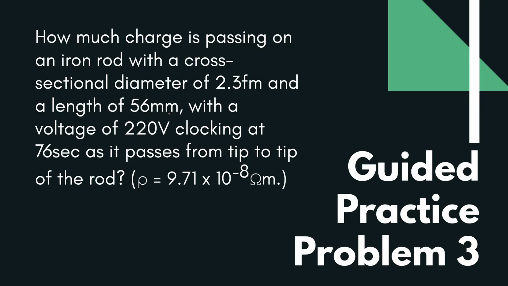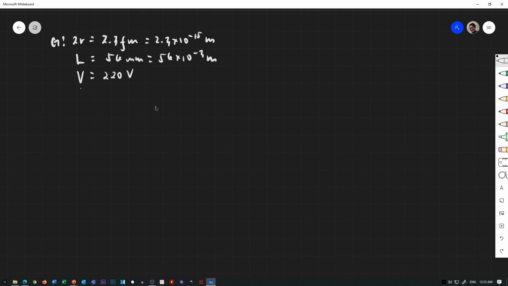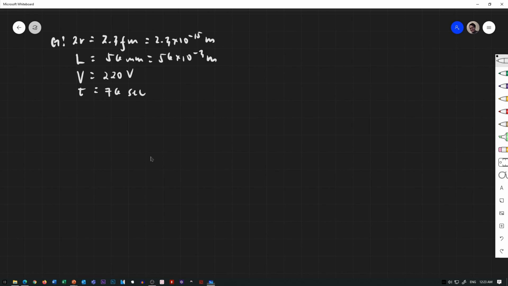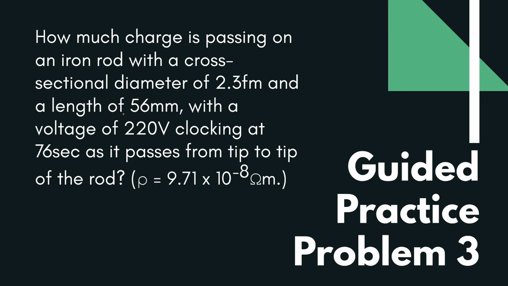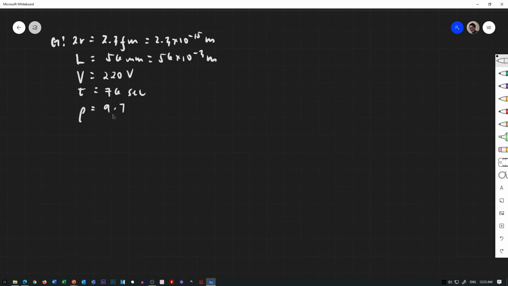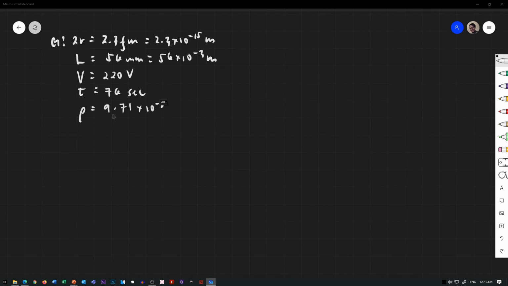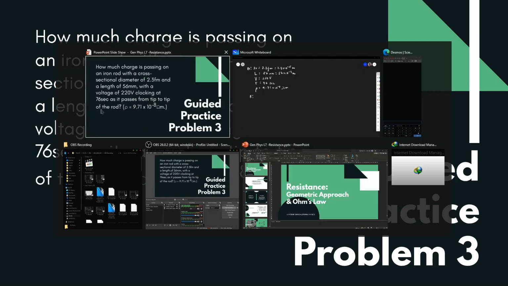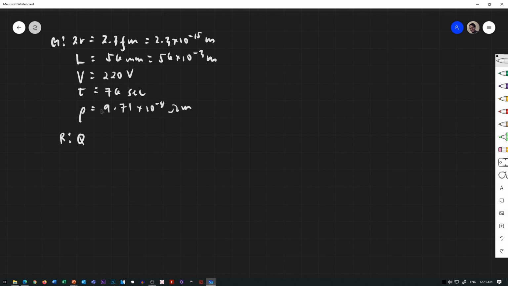Then we have passing current having a time of 76 seconds. Okay, then lastly we have the resistivity, which is 9.71 times 10 raised to negative 8 ohm meter. So for our required, we're tasked to look for the amount of charge that's passing.